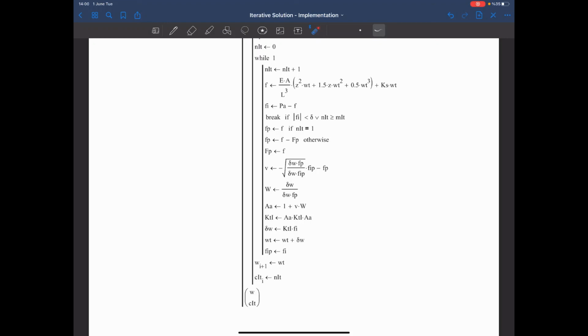The only downside is that if you use a bad slope, you have to perform a lot of iterations. If the slope that you are using is close to the tangent stiffness slope, then you perform fewer iterations. But if the calculation of the residual force is correct, at the end of the day, you will get convergence. You will find an equilibrium point.